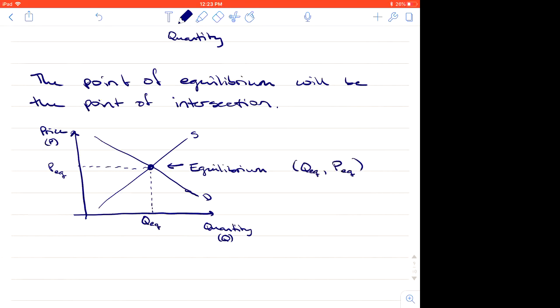Okay. So the supply and demand curves are both straight lines, right? They're linear equations. If we know their formulas, or their equations, then we can solve the system to find P at the equilibrium point and the Q at the equilibrium point.